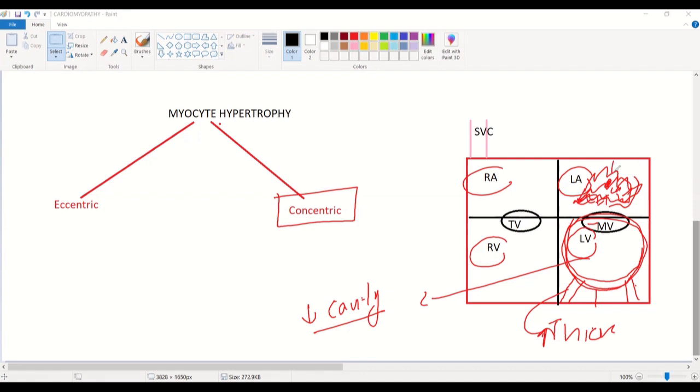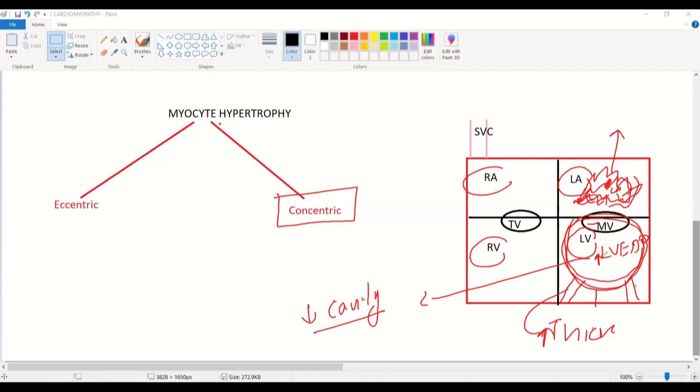So it will increase the left atrial pressure, and the pressure in the left ventricle as well, because the size is decreased and the bulk of the muscle is increased. So the left ventricle end diastolic pressure is also increased, and blood is accumulated in the atria as well, right?